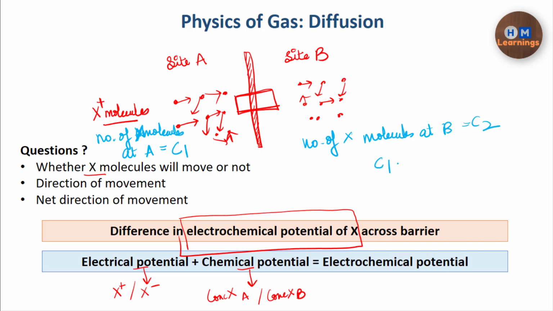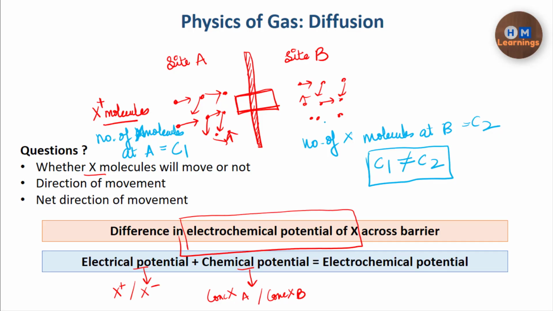So we are saying that C1 is not equal to C2. This is again a concentration gradient, a difference in how many molecules of X are present at side A and how many at side B. So there is a chemical potential difference, or a concentration gradient, between side A and side B across the barrier.